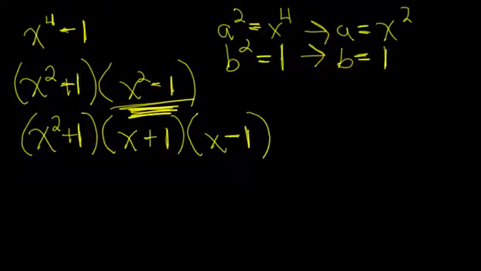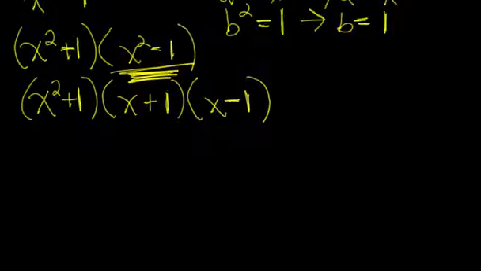Let's look at 86. So for 86, I have x to the sixth minus 7x cubed minus 8. There's a pattern we should notice here, and sometimes we can do what's called U substitution to take care of this, or we can look for the pattern.